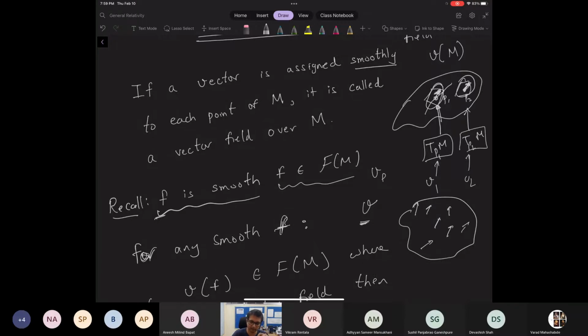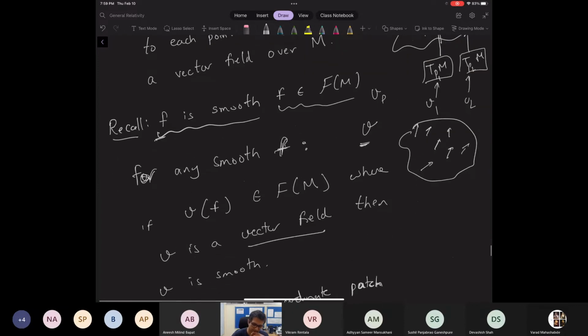There's one vector that I picked out from each vector space at all points on the manifold. Now, V acting on f at one point on the manifold gives me a real number. It's the derivative at that point, the directional derivative of f at that point. But if I take V at all points in the manifold, this is a vector field acting on f.